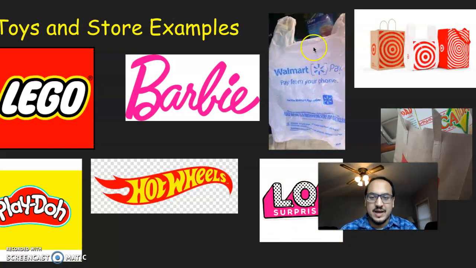Who knows where this bag is from right here? That bag is from Walmart. How about these bags over here? They are from Target. And lastly, this bag would be maybe a bag you get when you go grocery shopping. That one is from Cub Foods.